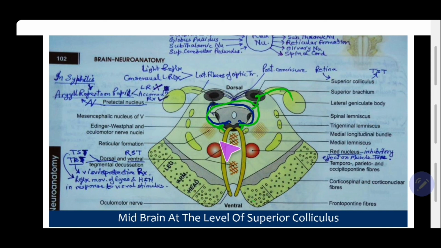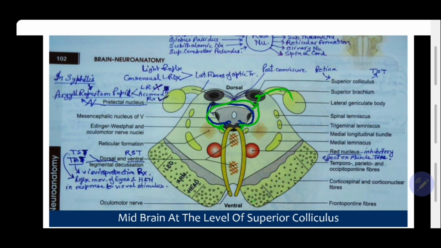In case of a red nucleus lesion, there will be extrapyramidal features on the opposite limb, like tremors and twitching of the muscles. And if there is any lesion of the cerebellar pathway, then there will be ataxia.